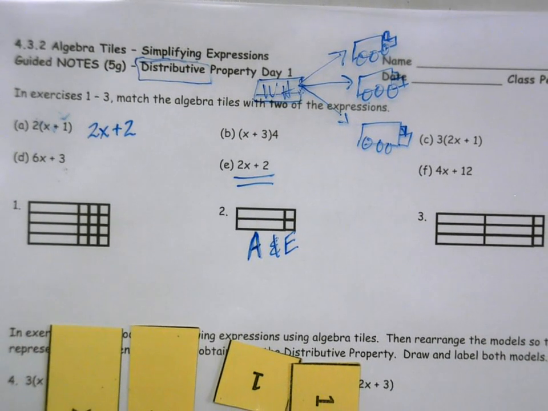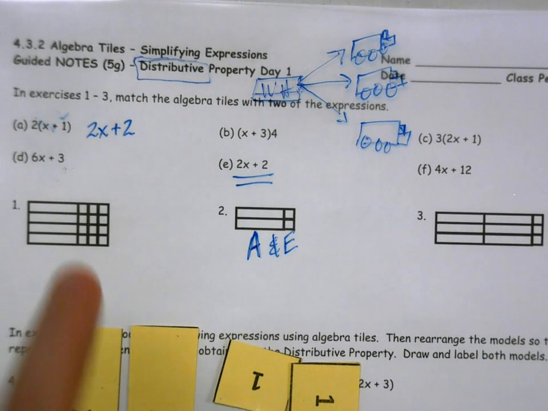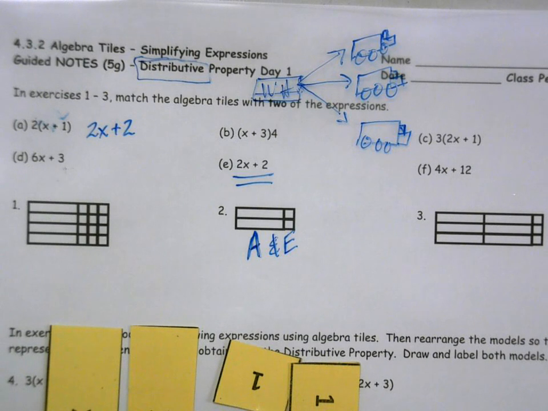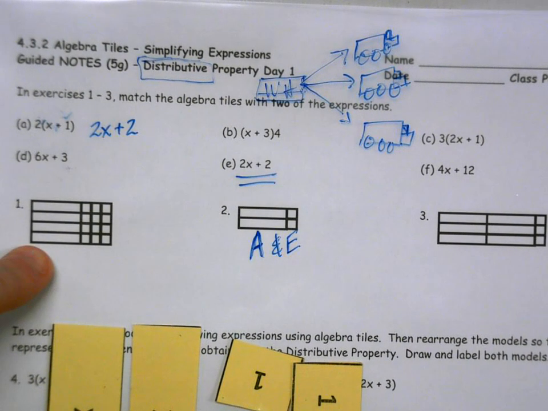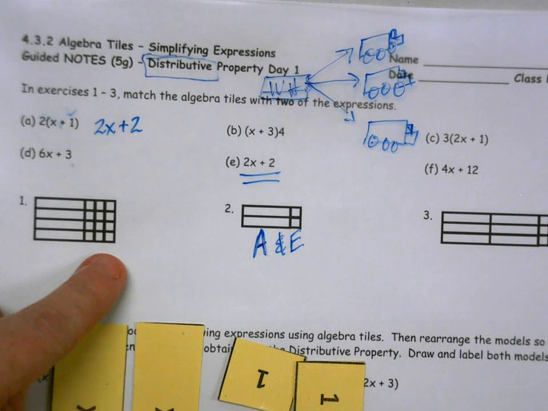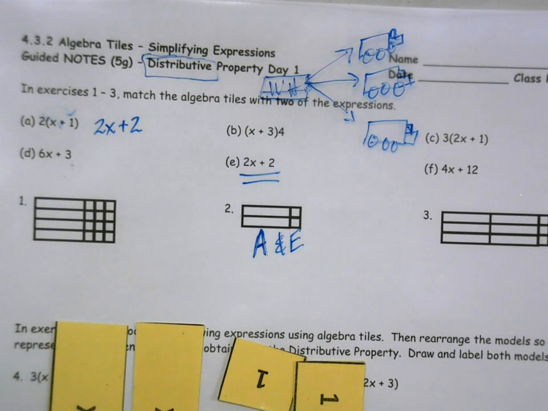So take a moment and see if you can figure out which 2 are going to go with number 1. How many X tiles do we have? And then how many 1 tiles do we have? I thought we were picking the answer for like A, B, C. Is that what we're doing?